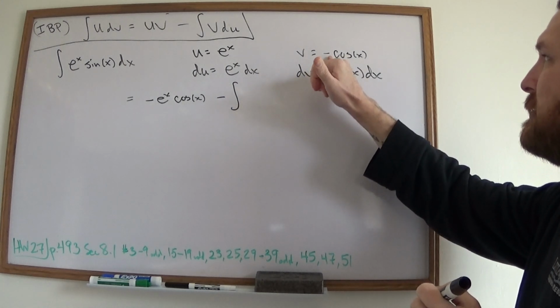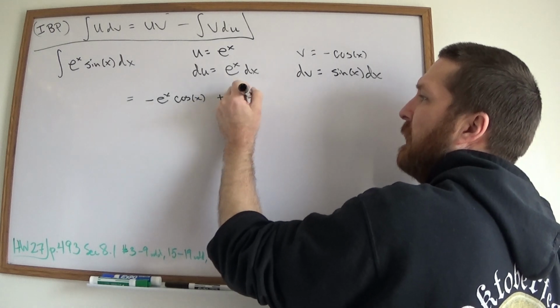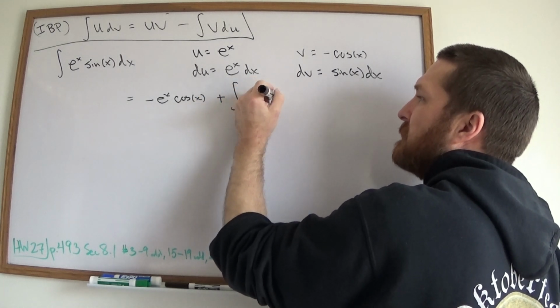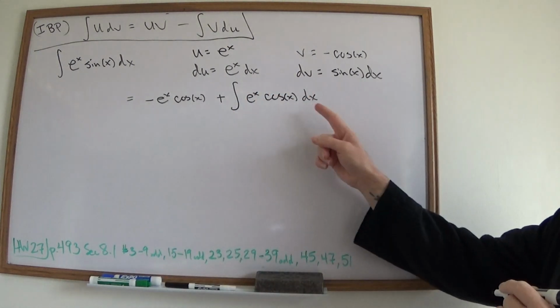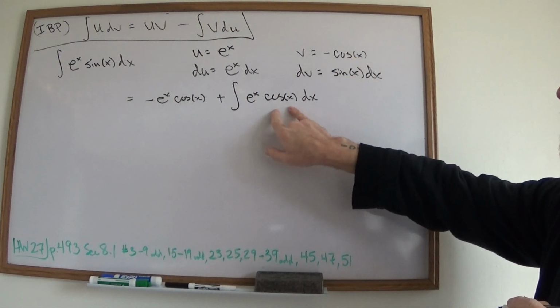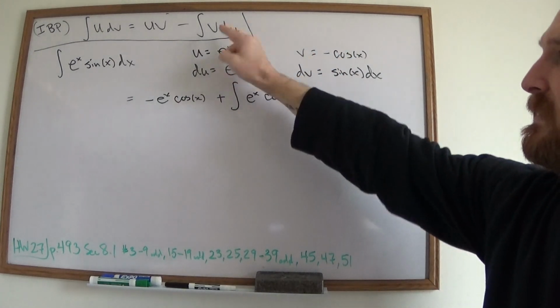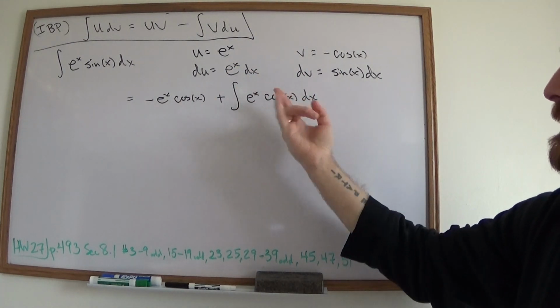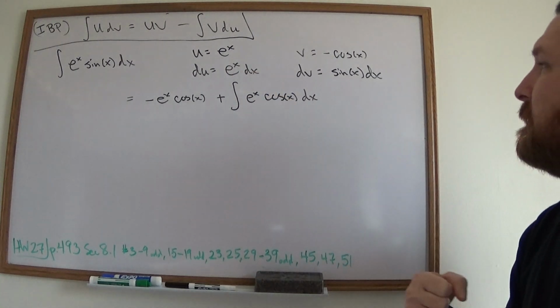So that's a minus. The minus is going to come out and make that positive, and we could just write all of that like this. Make sure I got that right. v is the cosine, du is that. Of course, I just switched them around. It doesn't need to be in any order, right? I just put the e up front. That's cool. And the minus came out to make that. Okay.